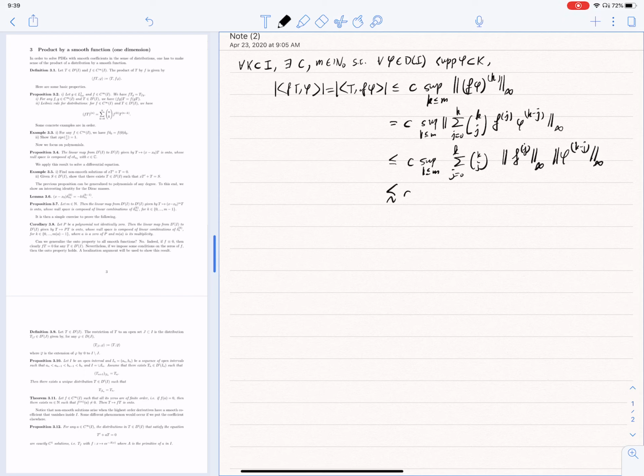We are still going to call it C, but its value changes, incorporating all the values here and the combinatorial coefficients. Eventually we also have this kind of bound for the j-th derivative of phi. And this finishes the proof, according to Proposition 1.5.